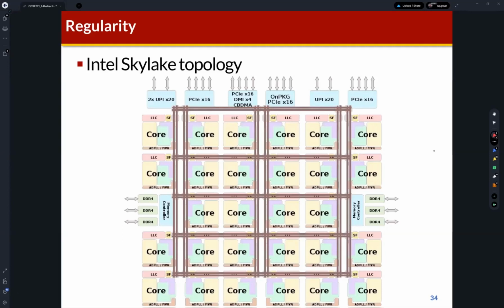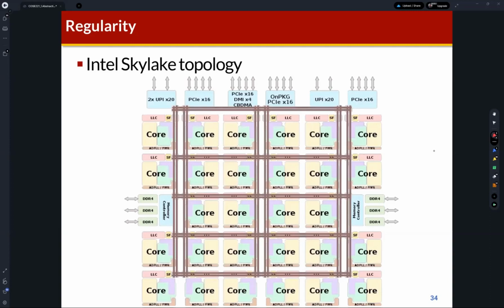Also, finally, regularity. It's the same figure. In this figure, we can find the same core. What does that mean? You can just copy and paste a single core into many cores, and the many cores are connected via an interconnect.